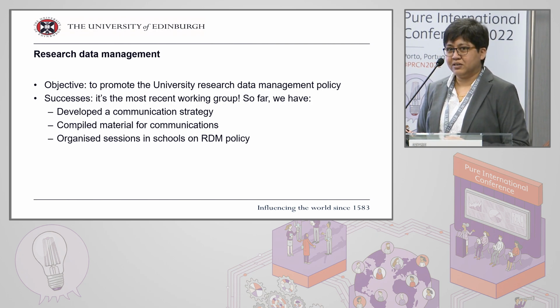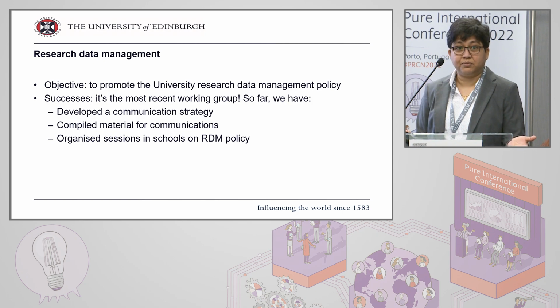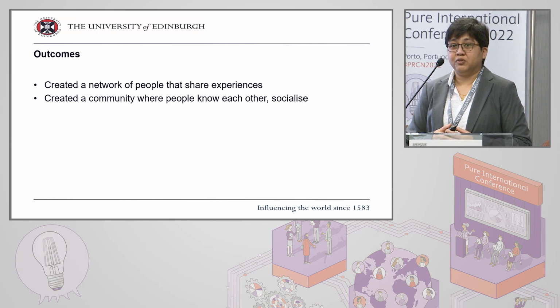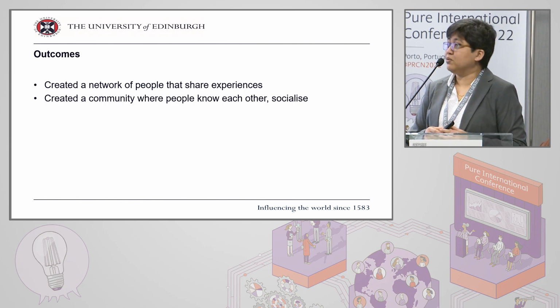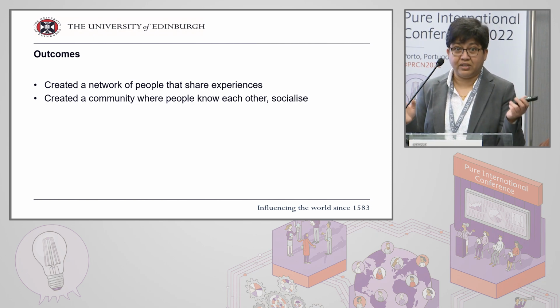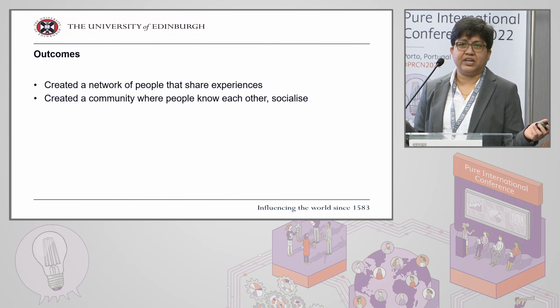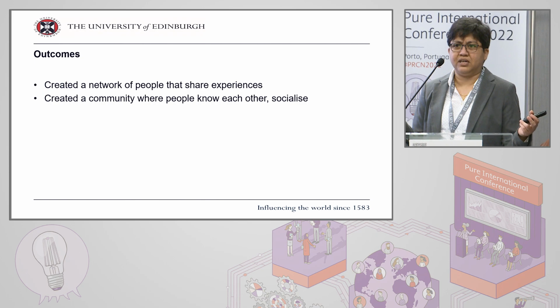So there's a lot of work, but we've been really lucky because we've got colleagues who are really committed, who are interested, who are willing to provide their time and resource. What we've managed to do is create a network of people who know each other now, because they didn't used to. It was very big, and we don't have a campus, so there's no chance to meet really.